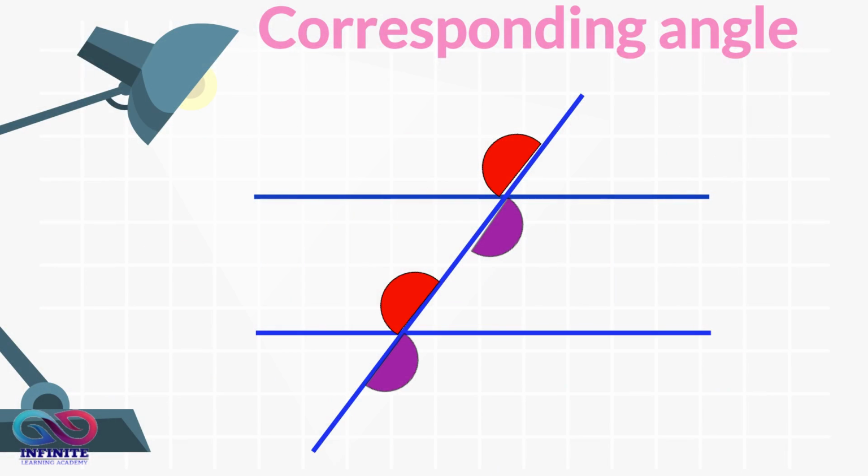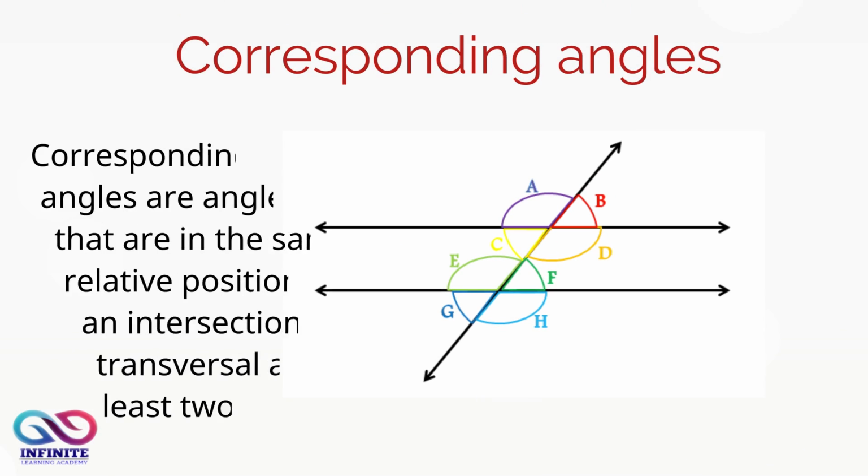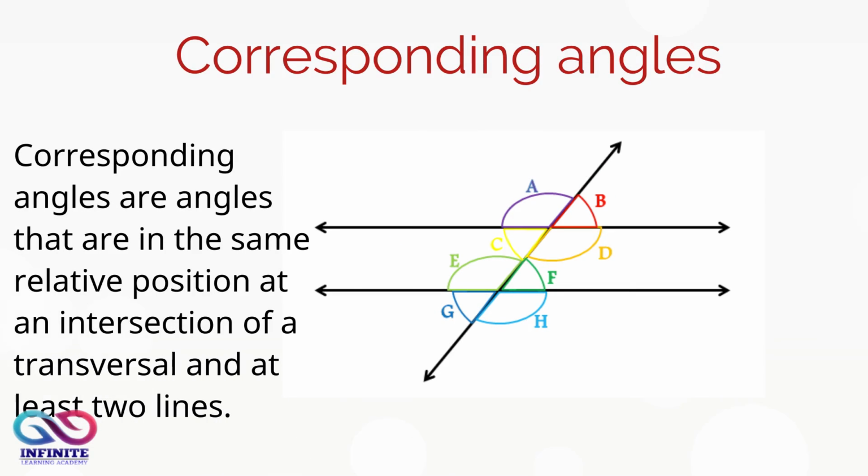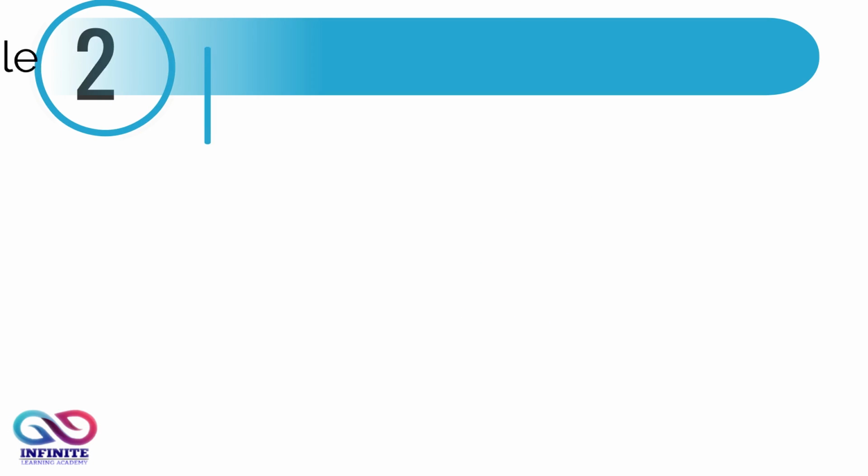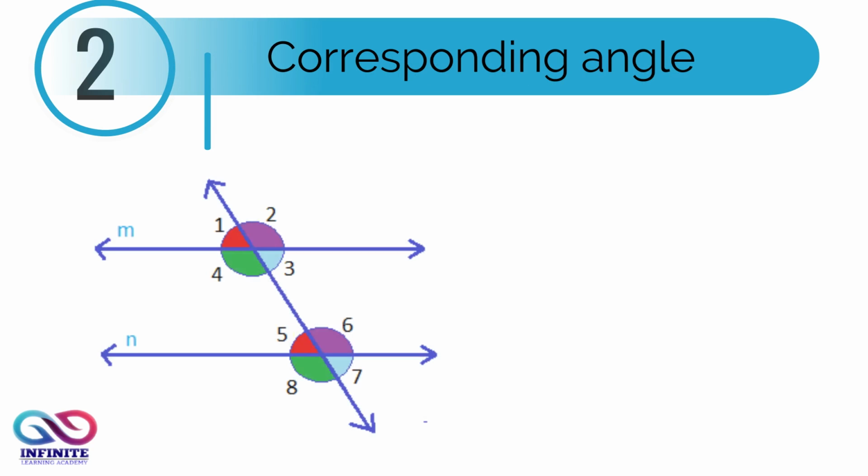When a line, called a transversal, intersects a pair of parallel lines, corresponding angles are formed. Corresponding angles are angles that are in the same relative position at an intersection of a transversal and at least two lines. The corresponding angles are equal to each other.